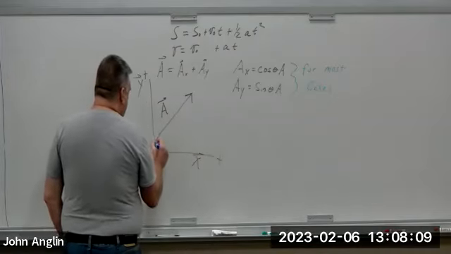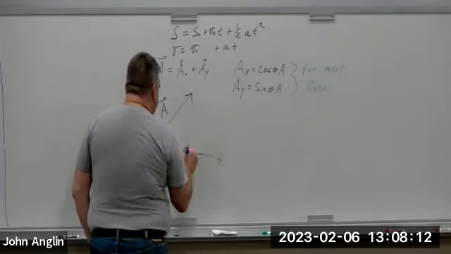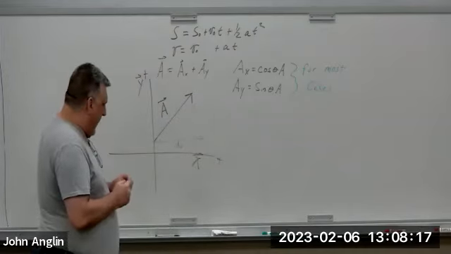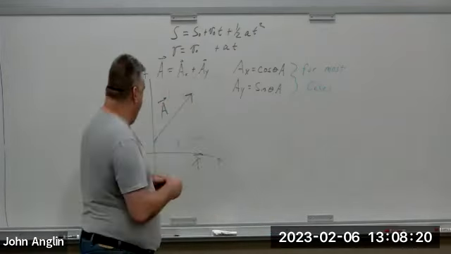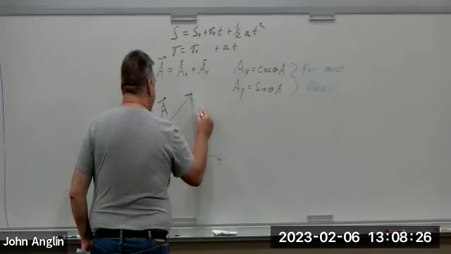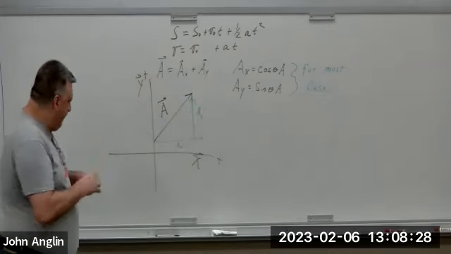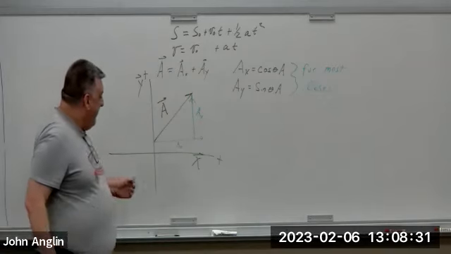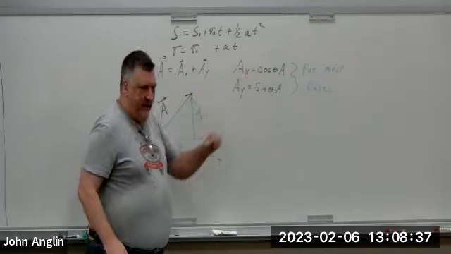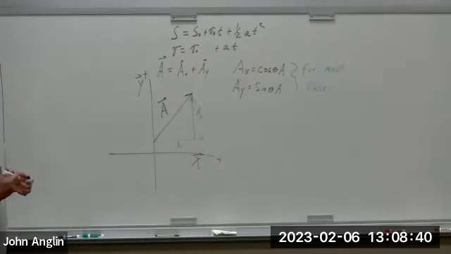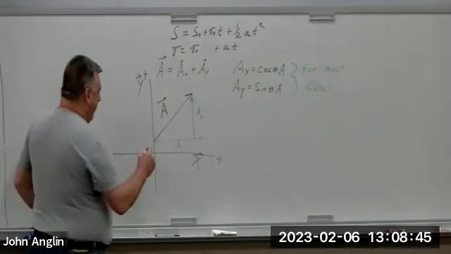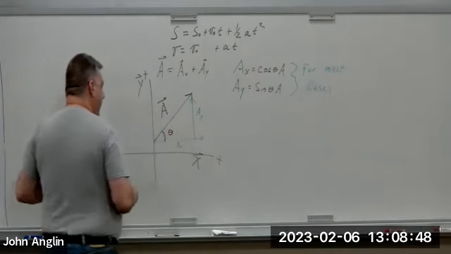So the easier thing to do is to understand that this vector A has an X component called A sub X and a Y component called A sub Y, where the X component is the cosine of the angle between your primary vector A and the X component. In this case, theta represents this angle here.